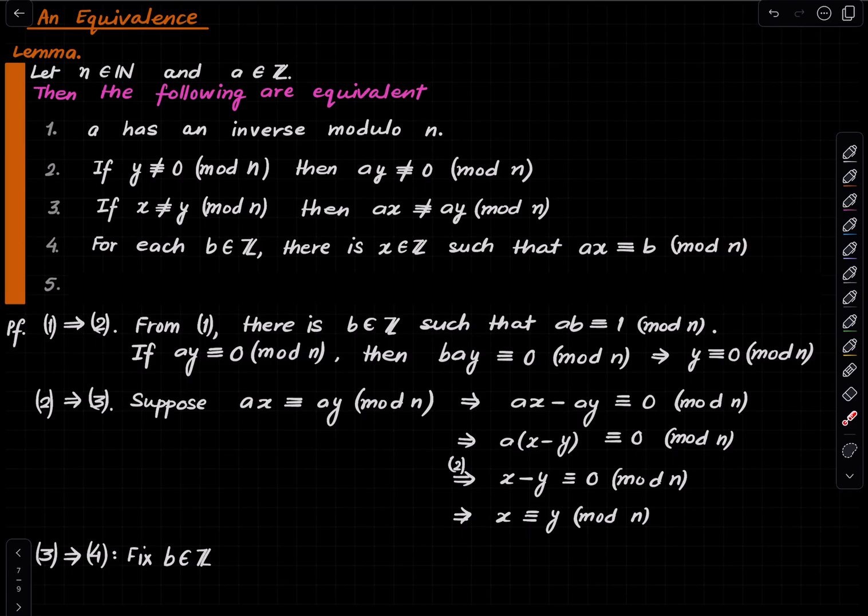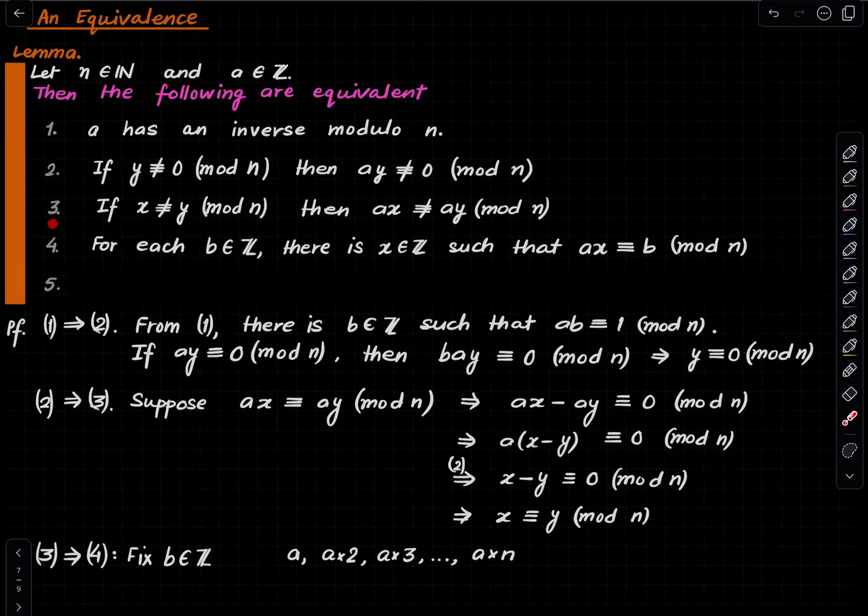Okay, fine. So my point is, consider these numbers. Consider a times 2, a times 3, up until a times n. So these are n integers, n genuine integers.